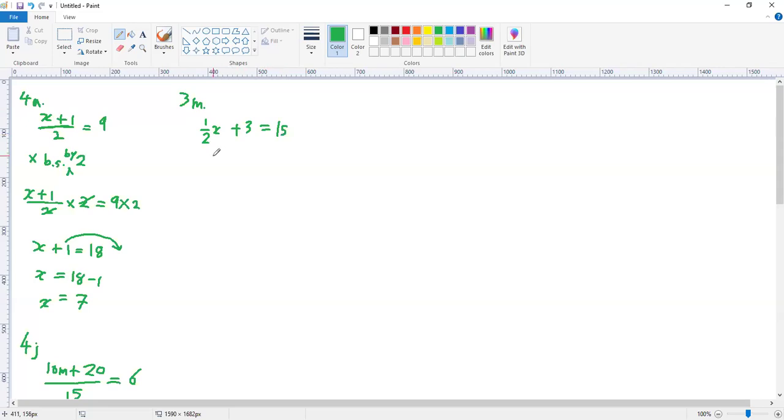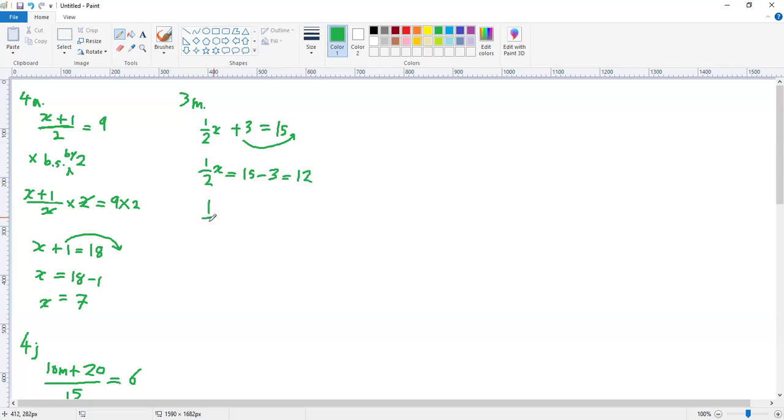Okay, so of course, what we'll do is take this guy to this side. In other words, we'll subtract 3 from both sides, and that will leave us with half x equals 15 minus 3, which is 12. And then, what do we do to both sides?